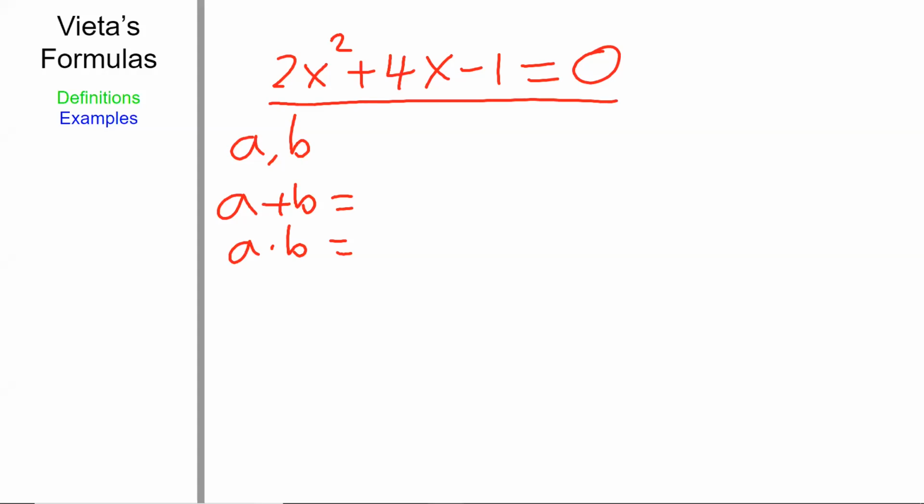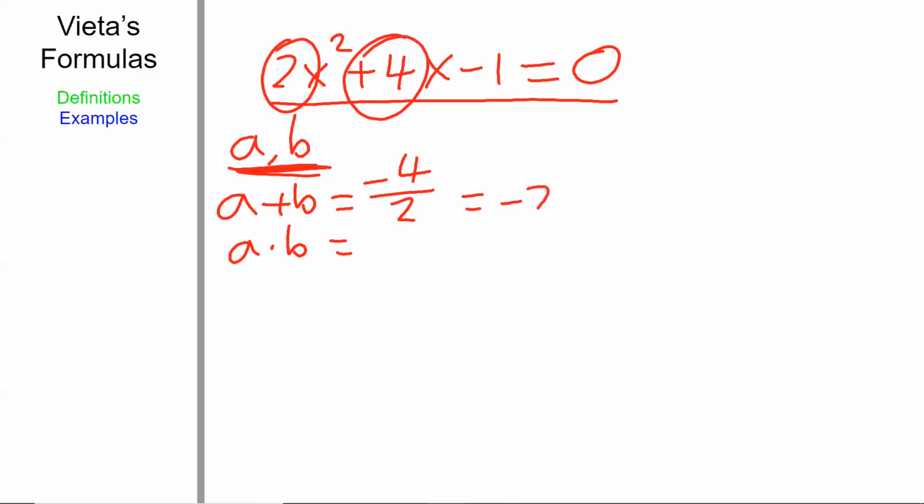Okay, someone has the right idea. It's kind of confusing that we are using the variables a and b, but basically what Vieta's formulas tells you is that the two roots added together is always going to be equal to negative of this term divided by this term, which means negative 4 divided by 2.